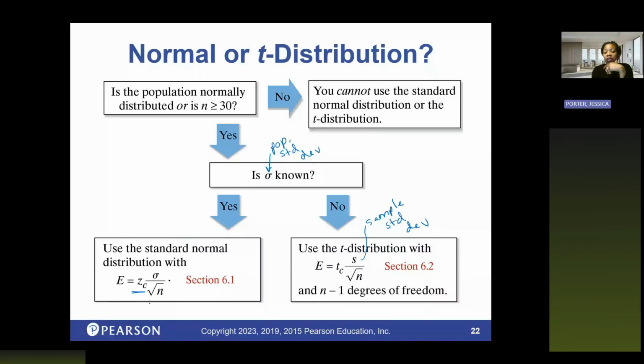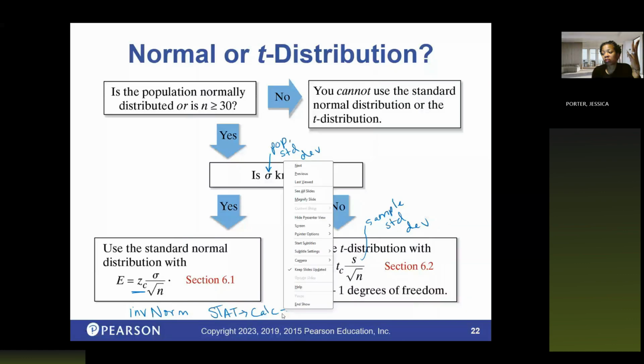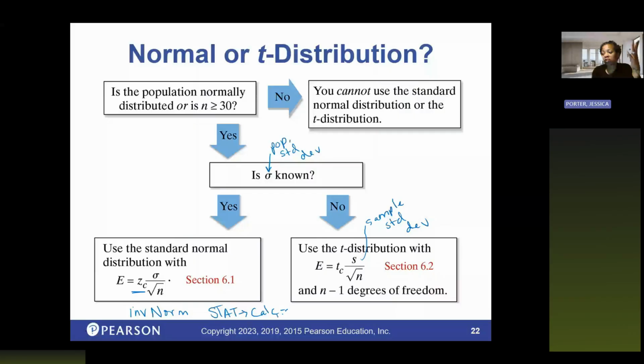So we found that in the calculator using inverse norm, and in StatCrunch, we used Stat, Calculators, Normal. Okay, it's not wanting me to put it up there. That's how we found the Z critical value.